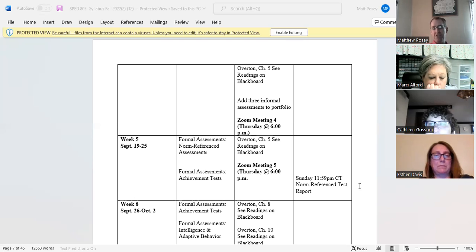If you emailed me and I've overlooked that you needed the comprehensive report, please let me know. I've tried to make sure the ones I received got it to them so they could have the data to pull to complete that report and get it ready to submit. So is everyone good there as far as norm reference? Nothing we need to address?